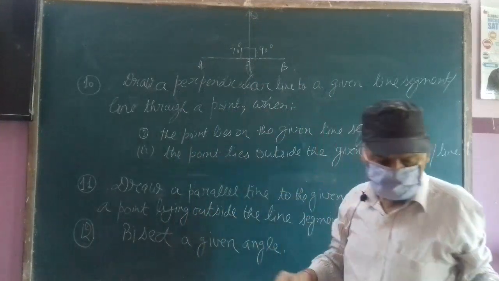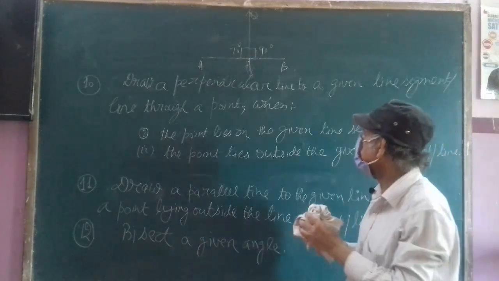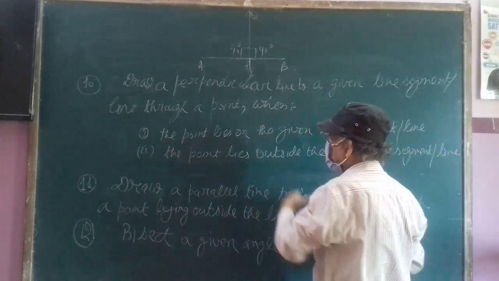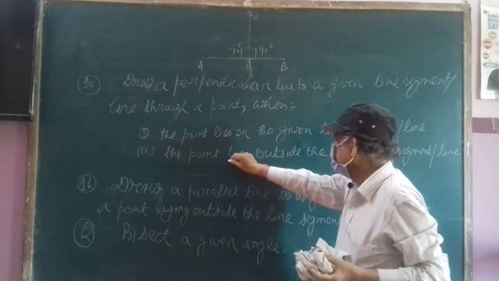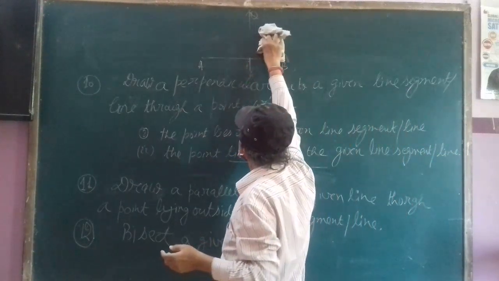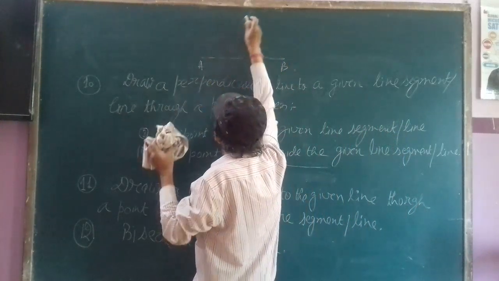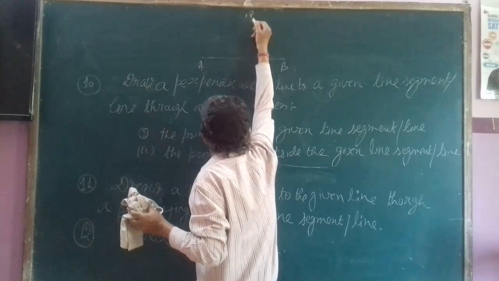Now the point lies outside the given line segment or line. The line is the same, but the position of P is changed. Now P is here. It is a very fast method.